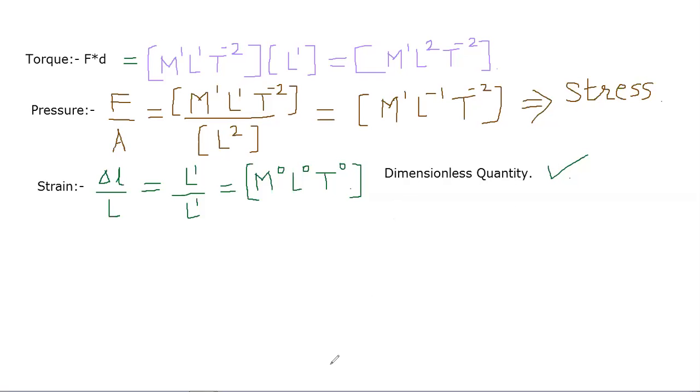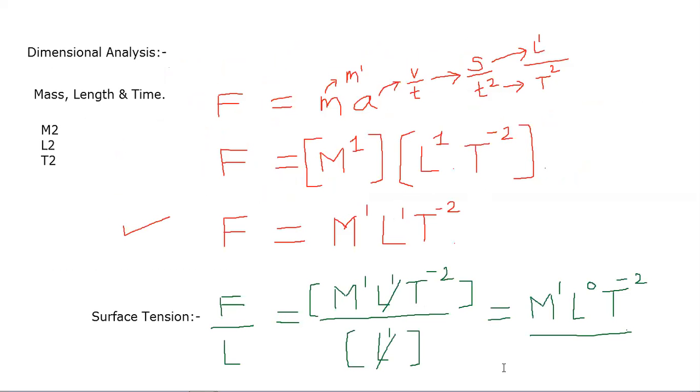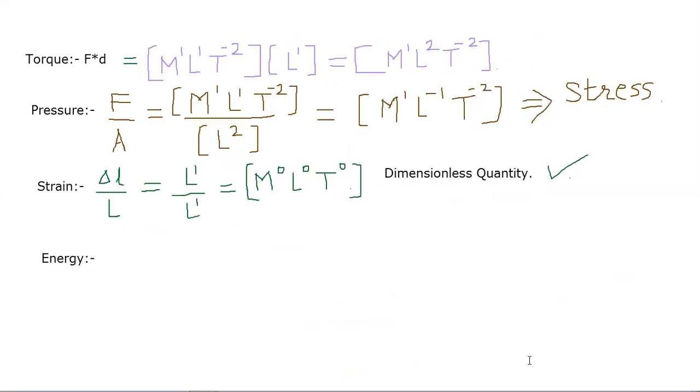Okay. Now after that, one more quantity is there, and that is the energy. Now, what is meant by energy? Energy is your capacity to perform the work. Capacity to do the work is your energy, right?